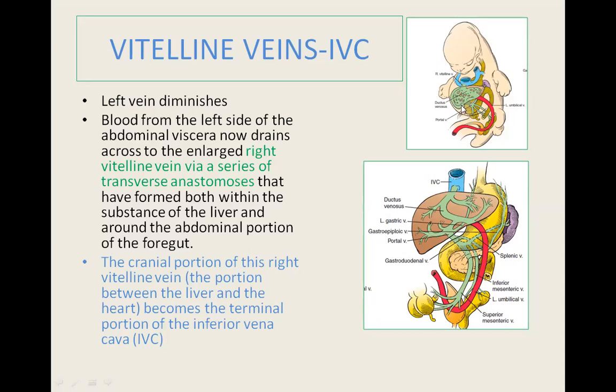These are the anastomotic channels formed between the right and the left vitelline vein in the septum transversum. The cranial portion of the right vitelline vein, this portion between the liver and the heart, becomes the terminal portion of the inferior vena cava. So the terminal portion of the inferior vena cava is from the enlarged right vitelline vein.